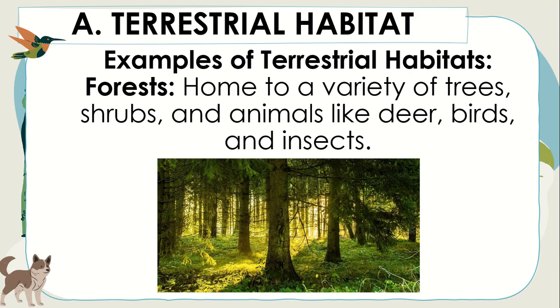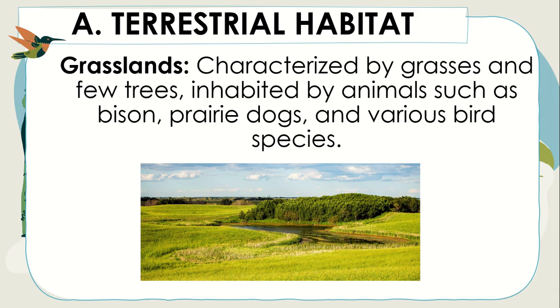Examples of terrestrial habitats. We have forest. It is a home to a variety of trees, shrubs, and animals like deer, birds, and insects. Grasslands, characterized by grasses and few trees, inhabited by animals such as bison, prairie dogs, and various bird species.